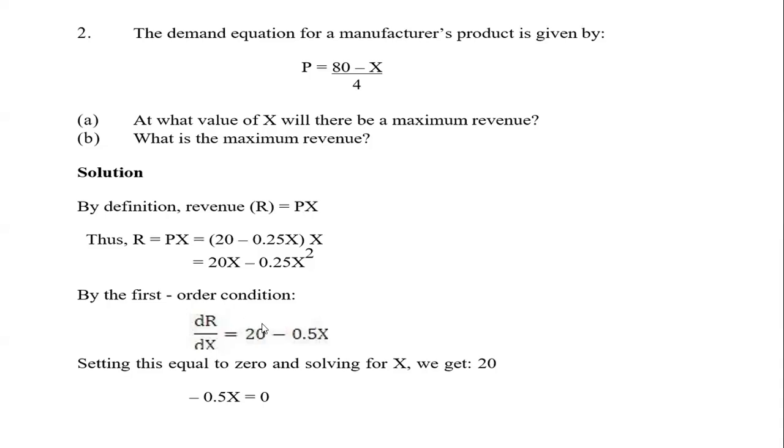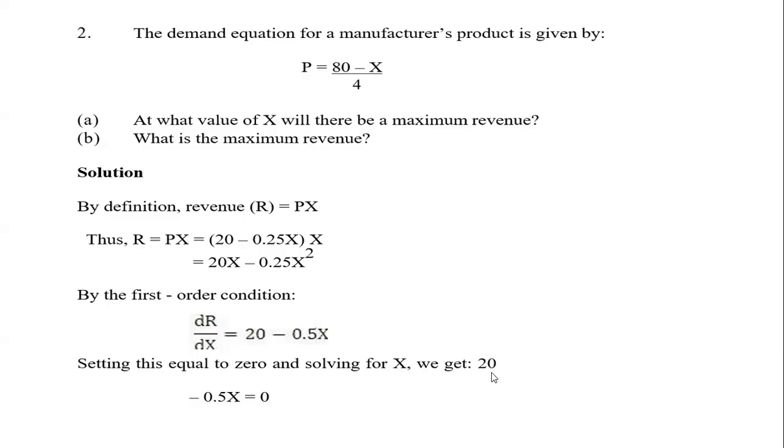After you have differentiated this, you equate it to 0 to determine the maximum or minimum value. So this 20 minus 0.5x will be equated to 0. Then you solve for x and make x the subject.